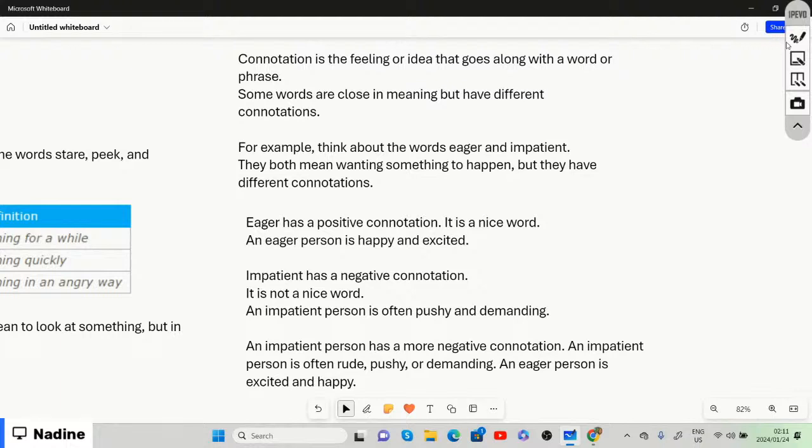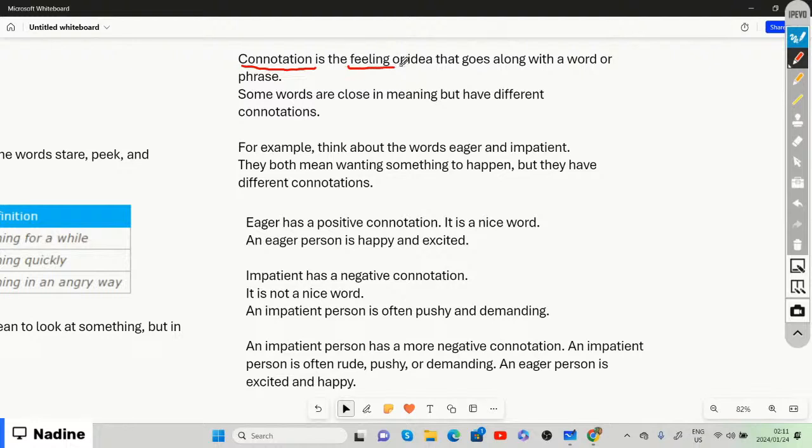So when it comes to connotation, connotation is the feeling or idea that goes along with a word or a phrase.